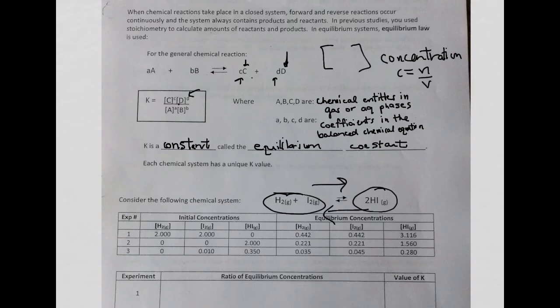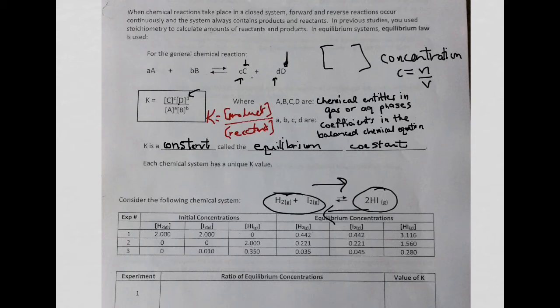So it's important to remember that what K really is, is giving us an idea of the amount of product compared to the amount of reactant. And this is going to give us a ratio. So if you have a lot of product and very little reactant, you're going to have a K value that's greater than 1, a pretty high number.